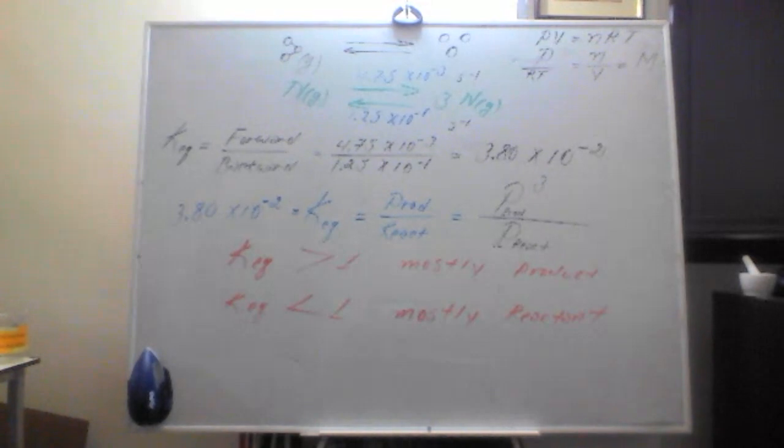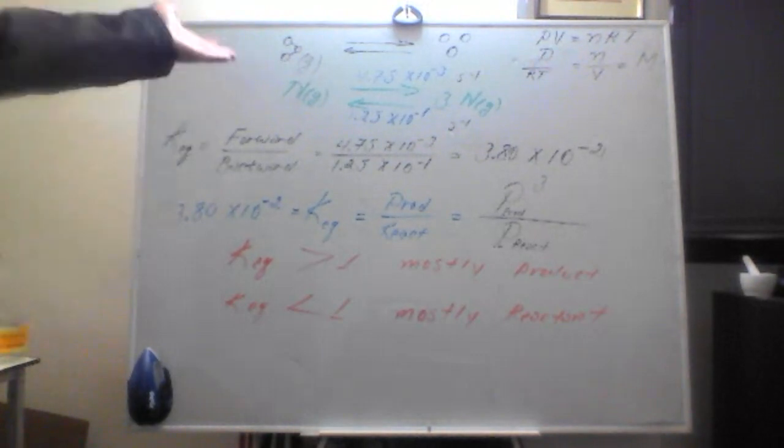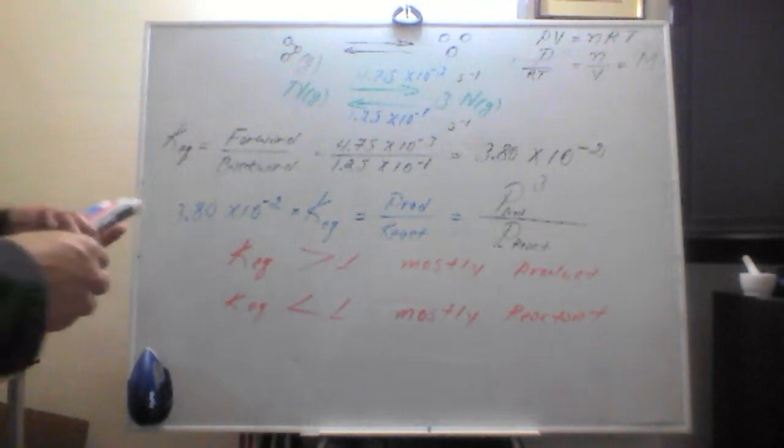So let's try one example. Let's suppose you have 12 times 10 to the minus 3 atmospheres of the product.